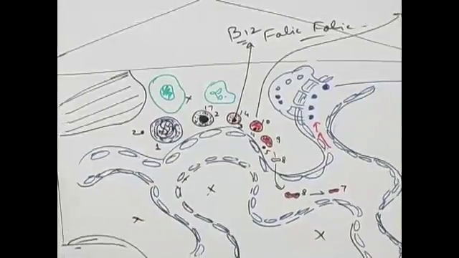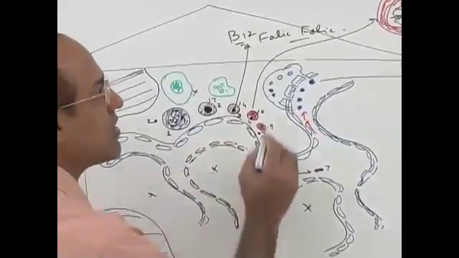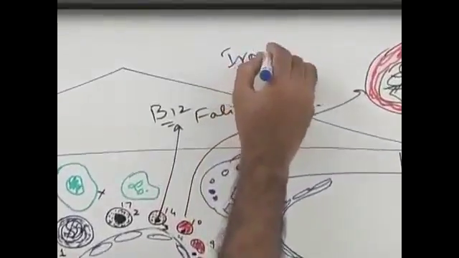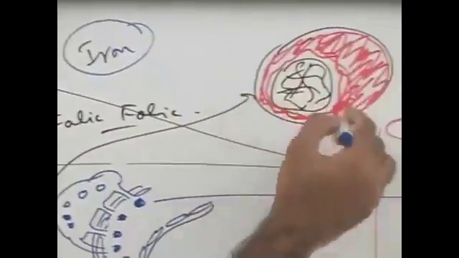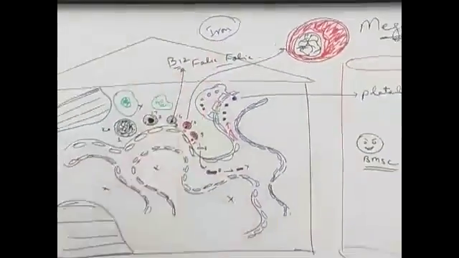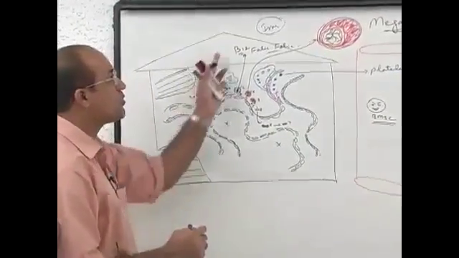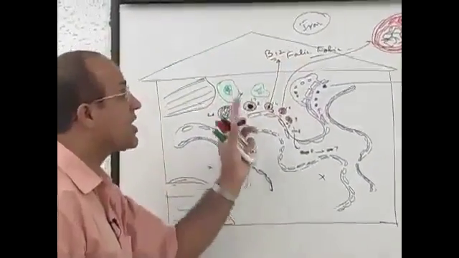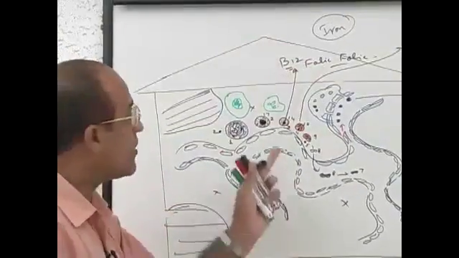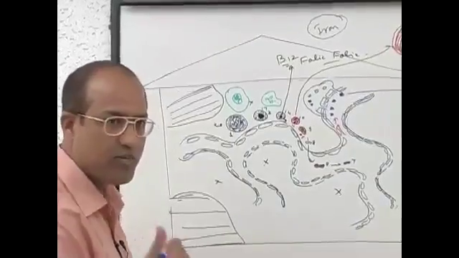And of course, good doctors always remember that for cytoplasmic maturation, we need iron, because cytoplasmic maturation means formation of hemoglobin, and hemoglobin cannot be formed without iron. So for erythropoiesis, we need B12 and folic acid for nuclear maturation, and iron for hemoglobinization or maturation of cytoplasm.